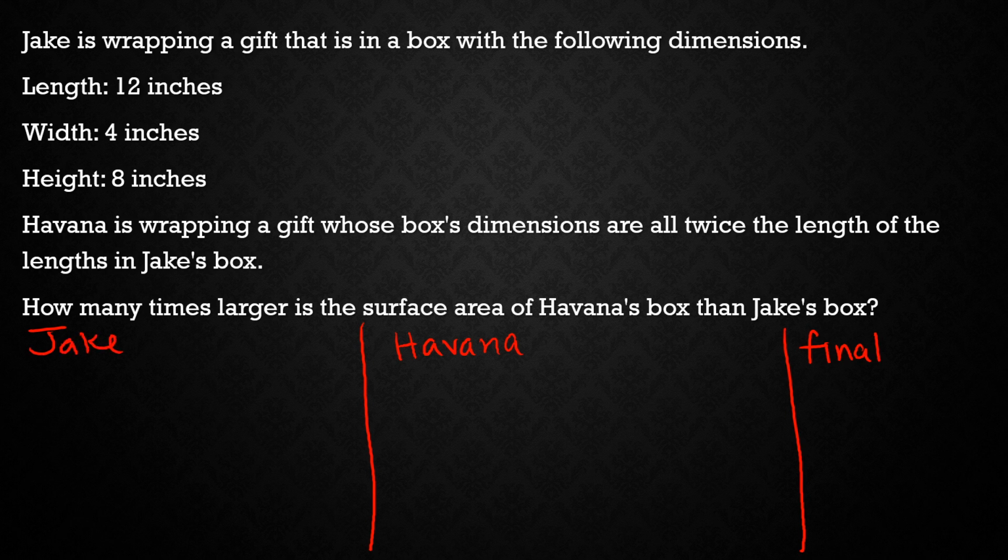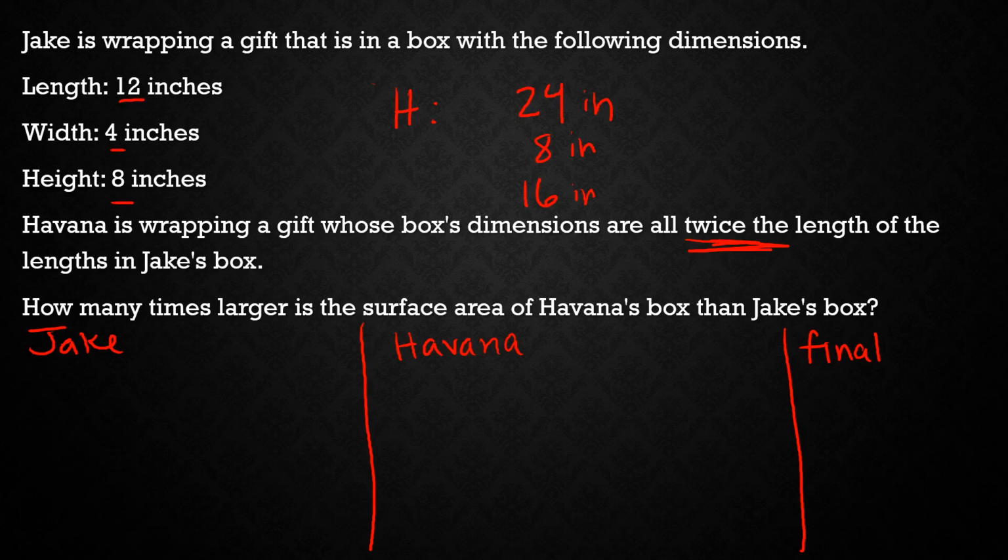Okay. So I know Jake's dimensions are right here. Havana's box lengths are all twice the size, so I need to take all these lengths and multiply them by 2. So for Havana, hers are going to be 24, 8, and 16 inches. Okay, all I did is multiply each of these numbers by 2 because they're all twice as long.